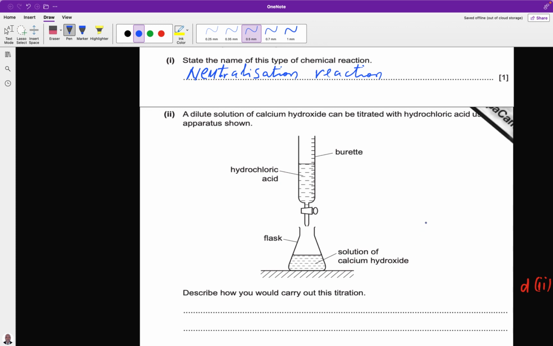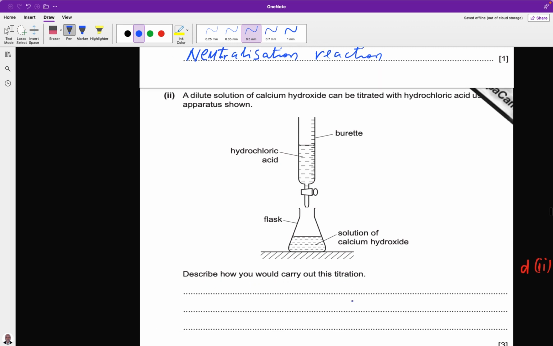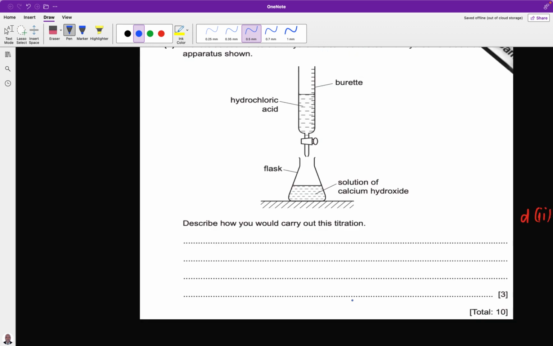The question reads, describe how you would carry out this titration. It is simple. The first thing is you will add, in the conical flask, 2 or 3 drops of the indicator.